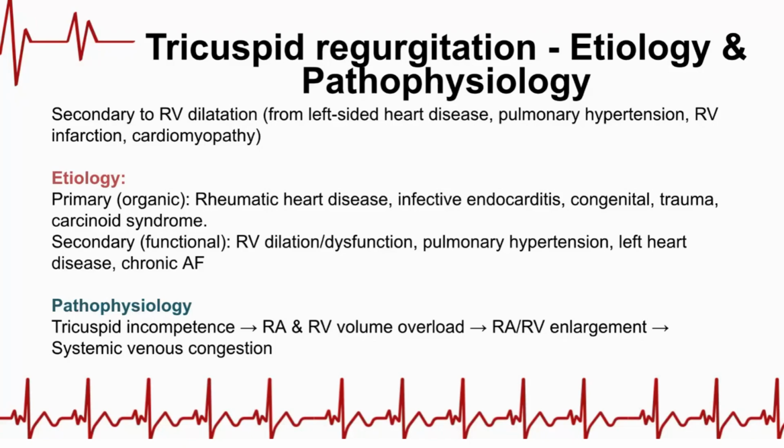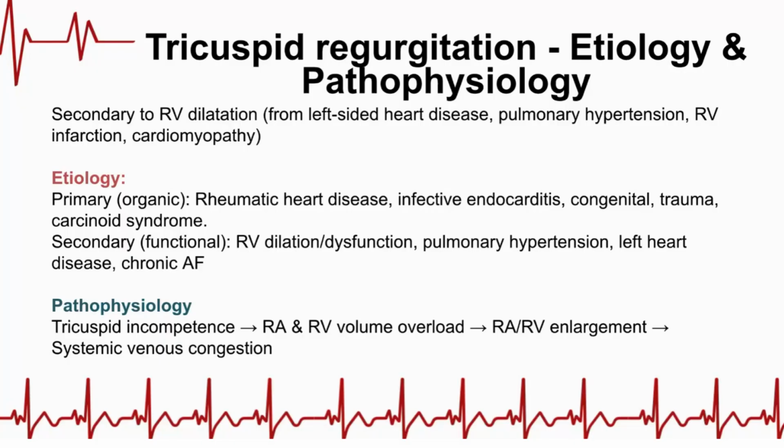Now, the logic behind this is that the tricuspid valve is incompetent, and therefore, although blood from the right atrium does flow into the right ventricle, during systole some of that blood in the right ventricle flows back.